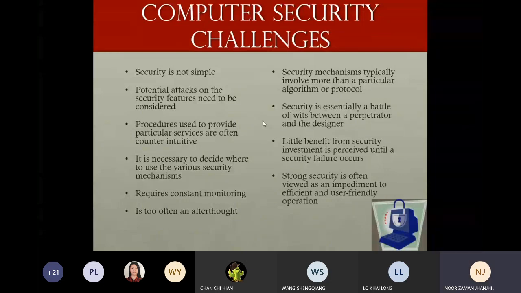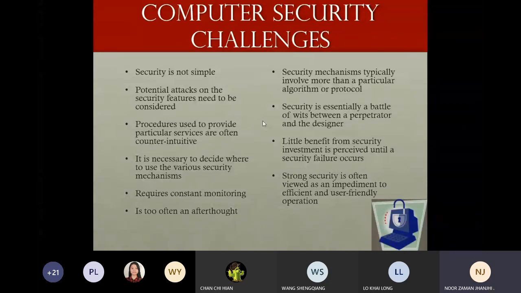And then security mechanisms typically involve more than particular algorithms and protocols. We need to see what algorithms and such things we can apply. So security is essential. It's a kind of a battle, where we have to be vigilant all the time. We have to monitor, we have to check, we have to see the traffic, and we have to make sure that security is intact.